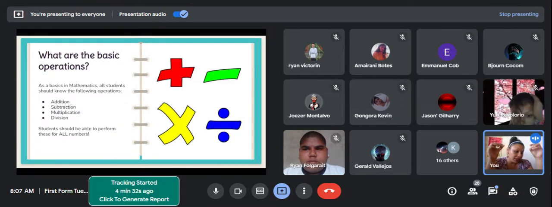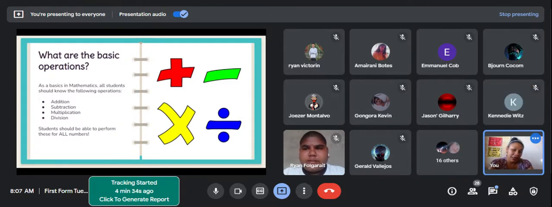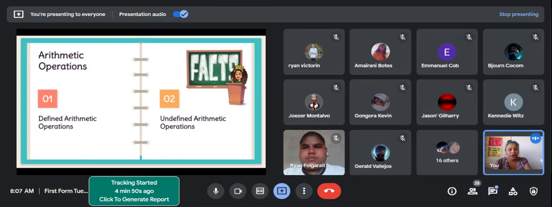All of these things are operations that we can do in math. Not only these four, there are so many operations that we can perform. But for the purpose of our concepts and our units, we are only concentrating on these four, and we have addition of other basic ones.